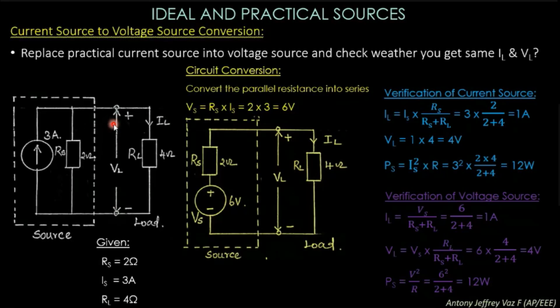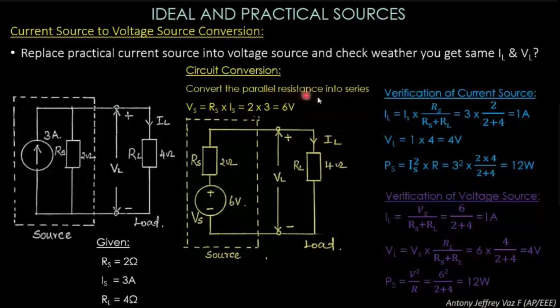Voltage is measured across the load resistance, end to end, whereas the load current flows through the resistance, so it is measured via the resistance, how much current is flowing through it. The load voltage VL should be measured in between the load resistance terminals.